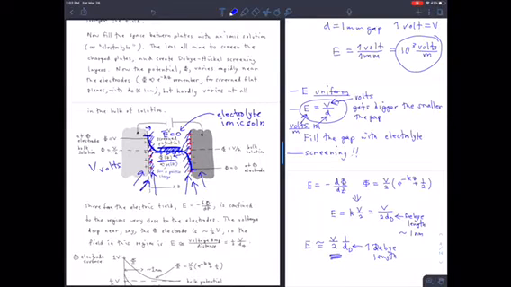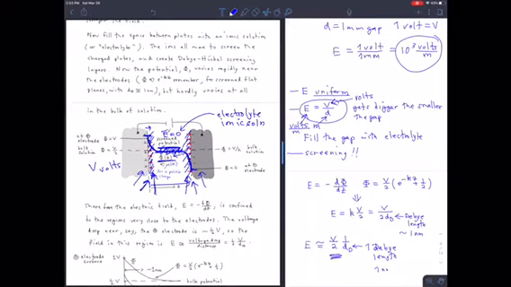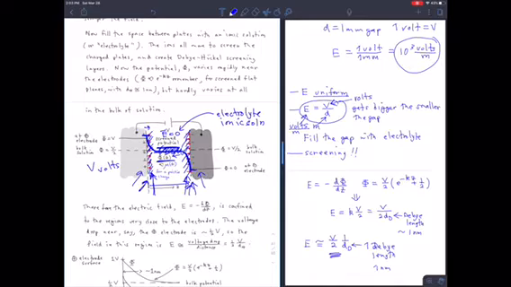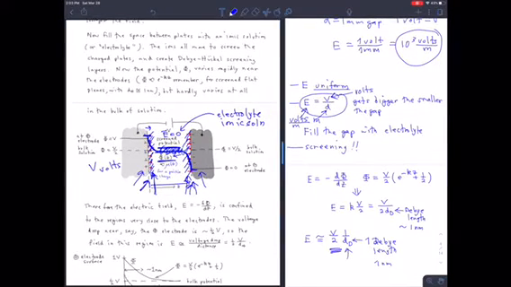And so instead of dropping slowly across the whole gap, the potential is now dropping over 1 nanometer near the electrode, and likewise another nanometer near the far electrode. And that means this d here is really small compared to what it was in the parallel plate capacitor. Okay, if we do the actual math, that's up here.